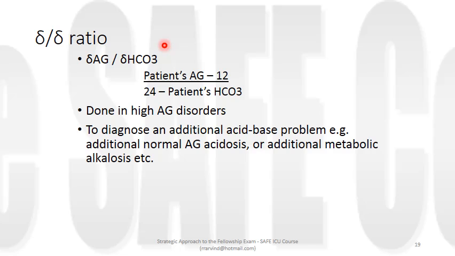For example, a COPD patient on steroids with a baseline bicarb of 40 can now come with lactic acidosis from bowel obstruction or some perforation. So when you have a dual effect in a patient with a high anion gap metabolic acidosis, this helps to determine what that second acid-base disorder is.